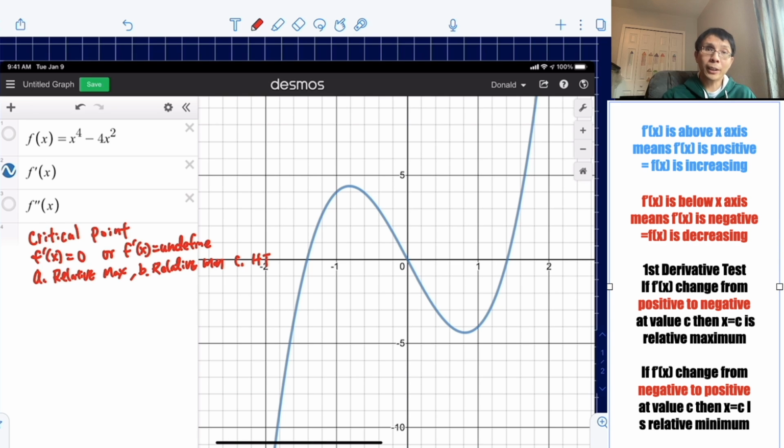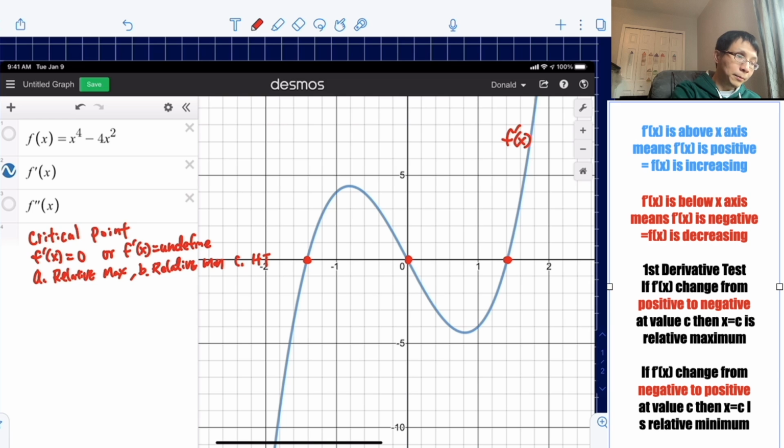Now, by knowing this, we can identify where f prime of x equals 0. F prime of x equals 0 means f prime of x is touching the x-axis. Where do they touch the x-axis? Roughly at this point and at this point. If I counted my boxes correctly, between negative 1 and negative 2 they separate into 5 intervals, so each interval should be 0.2.